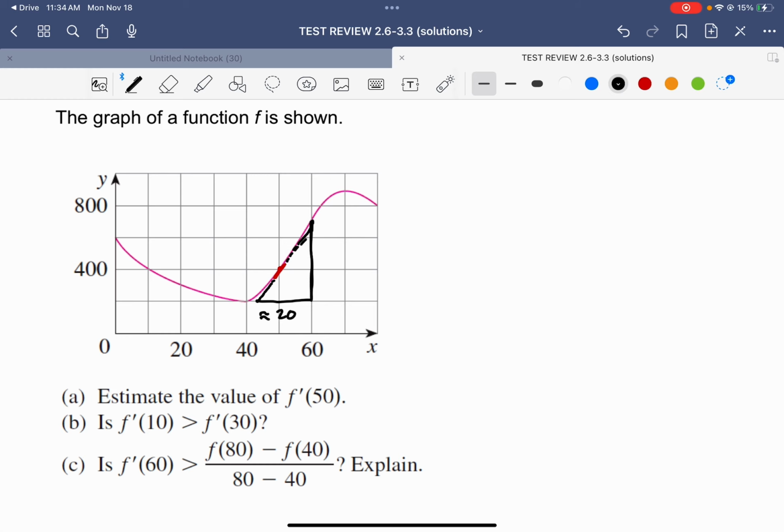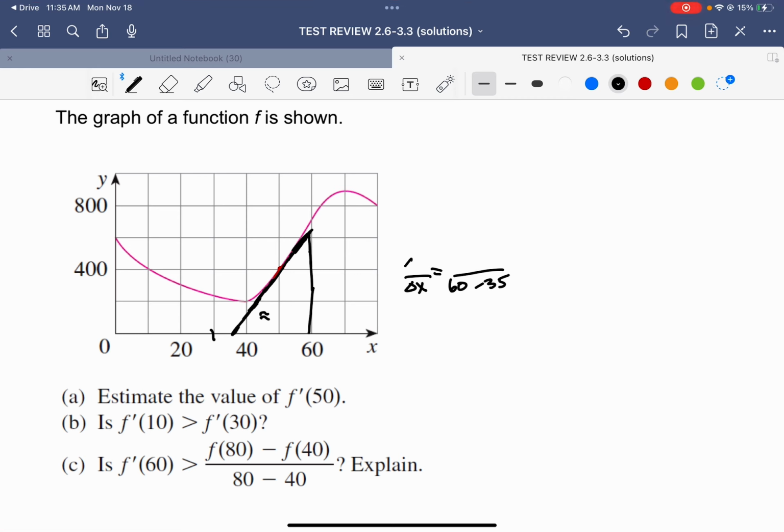So actually, let me be a little bit more careful. Let me let it get even bigger. So if I go all the way, it looks like this thing goes to here. So if this is 30, it's 35. So it looks like the change in x is 60 minus 35.